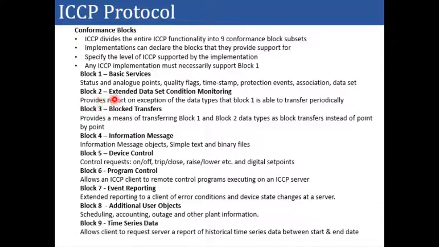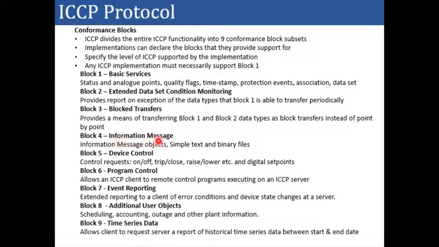Block 2 will be the extended dataset condition monitoring. Block 2 will provide the report on exception of data types that block 1 is able to transfer periodically. In block 3, we have the blocked data transfers, which provides a means of transferring block 1 and block 2 data types as block transfers instead of point by point.